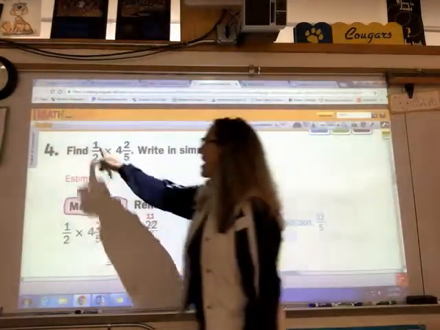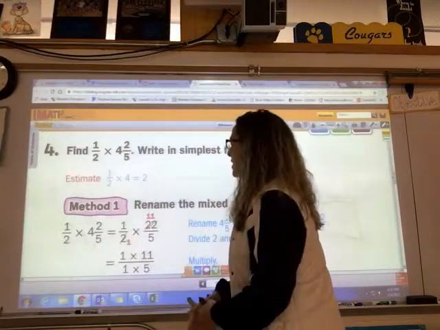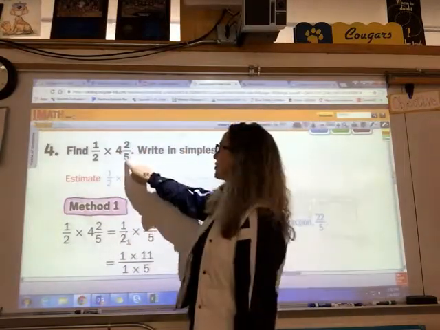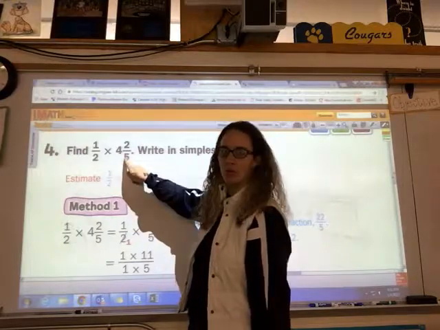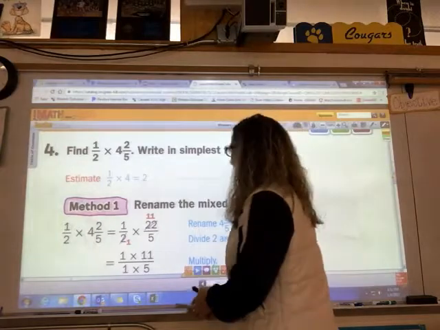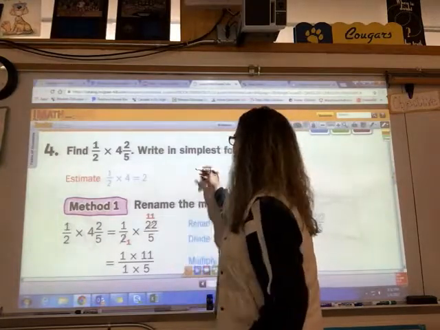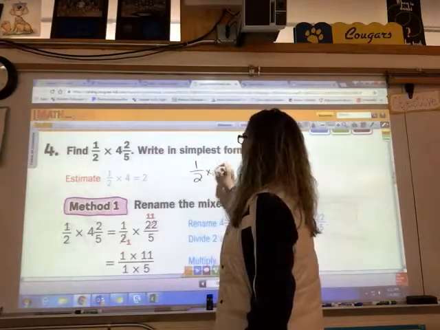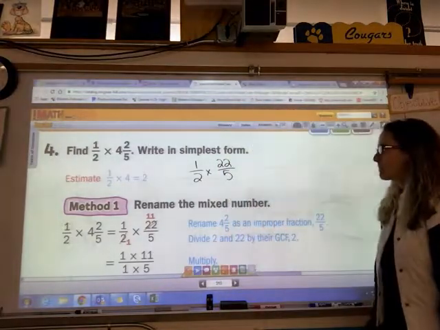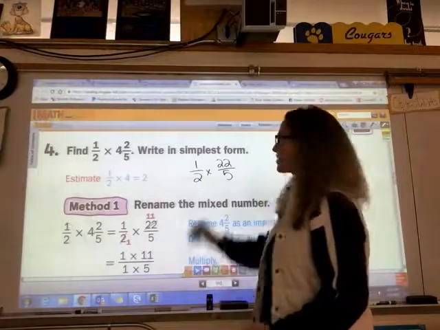Okay, if I've got 1/2 times 4 2/5, technically what I want to do is rename that as an improper fraction. So you're taking your denominator times your whole number, so 5 times 4 would be 20, plus 2 is 22. So when I rewrite this, I can technically think 1/2 times 22 over 5. Okay, then I can look to see if I can cross reduce.